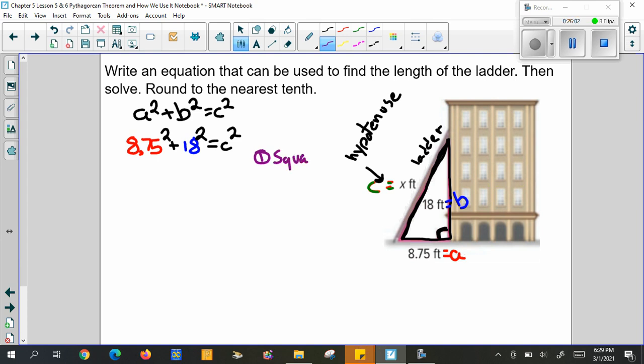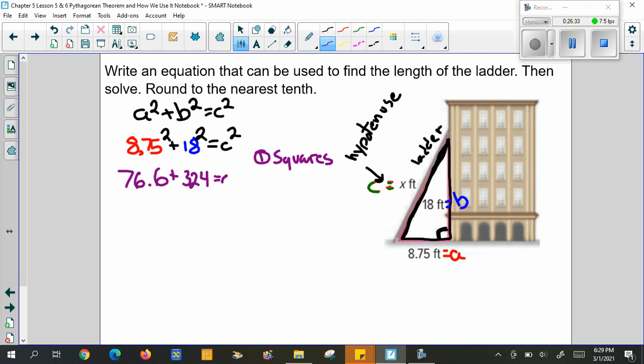First, the squares. 8.75 squared, and I get 76. I'm going to round this, 76.6. And then 18 squared is 324.